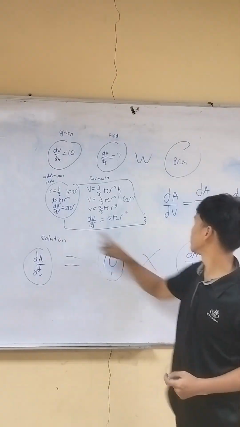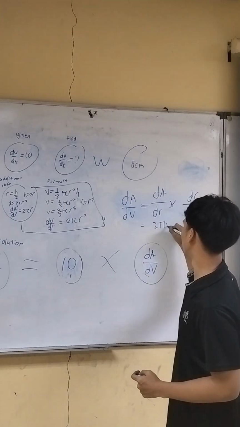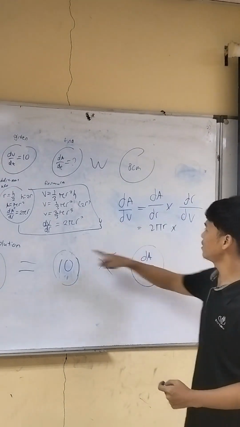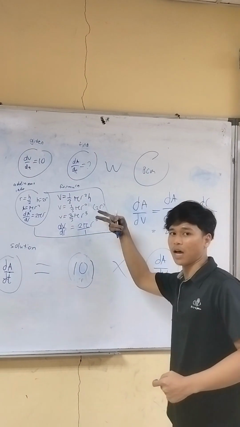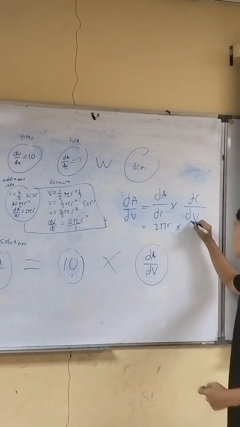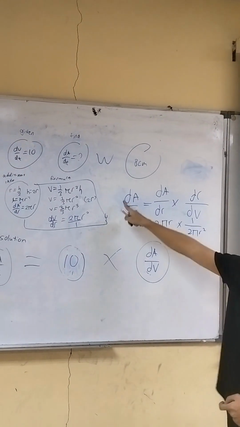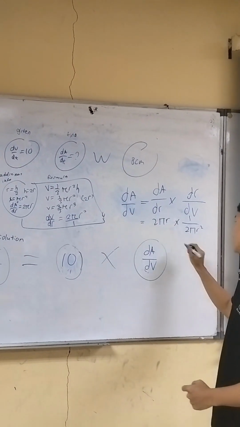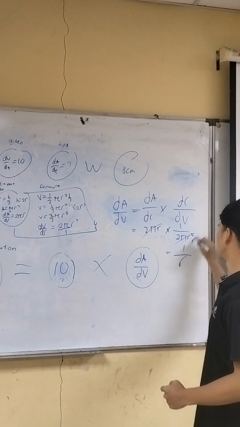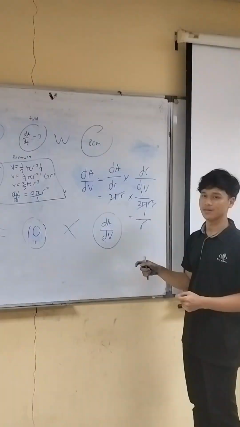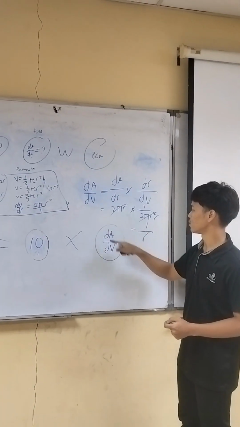As we know, dA over dr equals 2 pi r, times dr over dV, which is the upside down of 2 pi r squared, so we get 1 over 2 pi r squared. So dA over dV we can get 1 over r, and we substitute this.